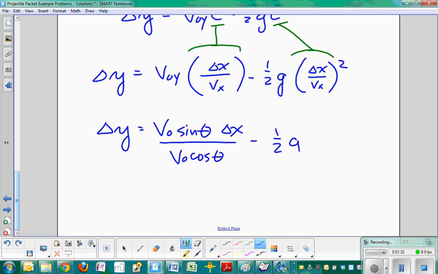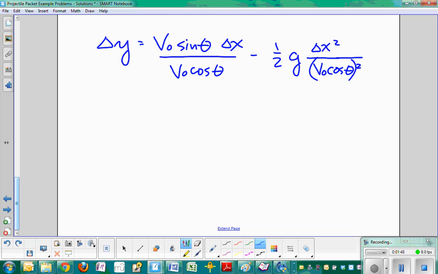Minus 1/2 g times delta x. We'll go ahead and square that out. Delta x squared over v naught cosine theta squared. Okay?